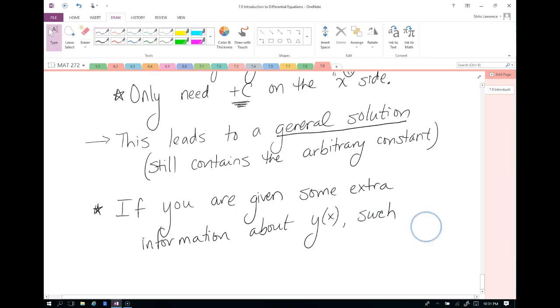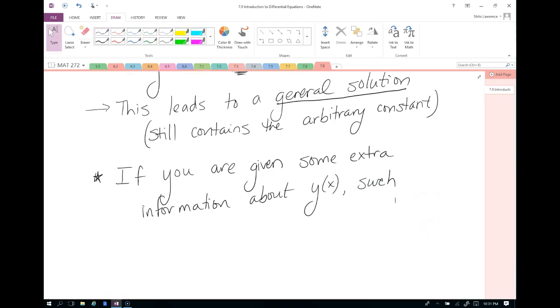We often call this extra information an initial condition. An initial condition. Because in real world problems, very often the only thing we have control over are the things that we set at the start of the problem, and then once the other factors take over, and one example of a differential equation that comes to mind is like projectile motion.